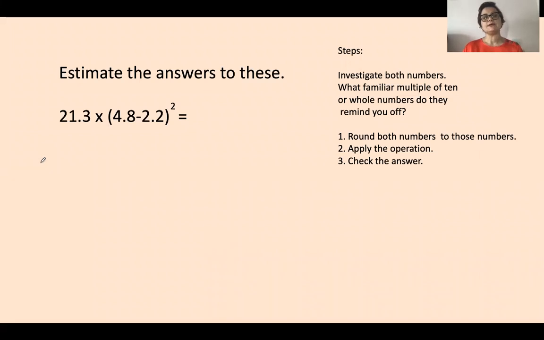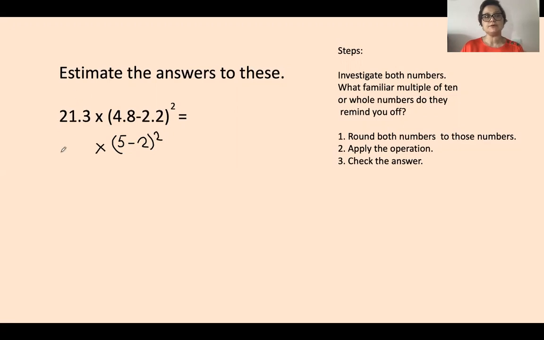Here we have a longer calculation. We can follow BIDMAS here. So we have a bracket first, it's 4.8 take away 2.2. And I have 2 to the power of 2, I have 21.3 here. So take a step back, look at the numbers. 4.8 take away 2.2, the bracket becomes 5 take away 2. I'm going to round up and down. 5 take away 2, again, to the power of 2, and then keep the next number.